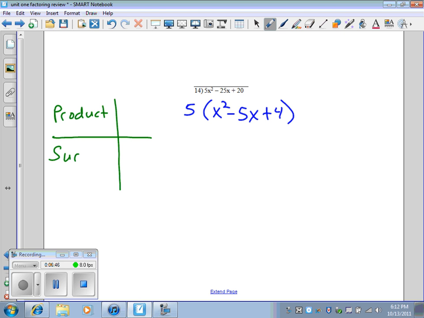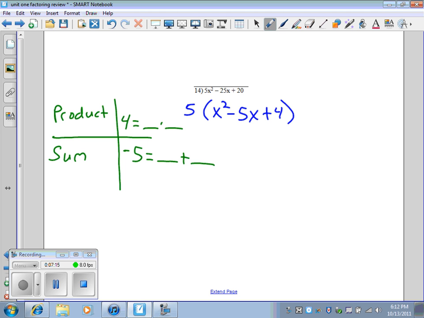Product, sum. So I want two numbers that multiply together to give me positive 4, and two numbers that add to give me, not positive 4, add to give me negative 5. So the factors of 4 are 1 and 4, 2 and 2.